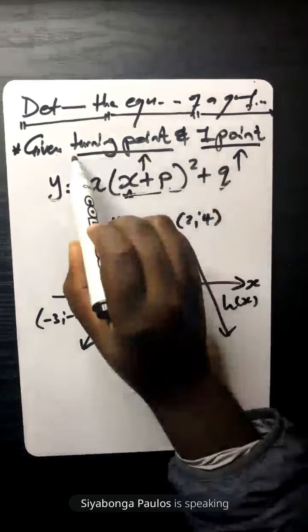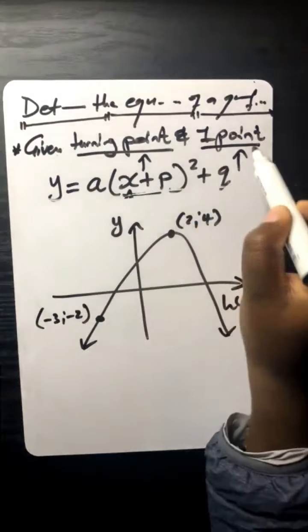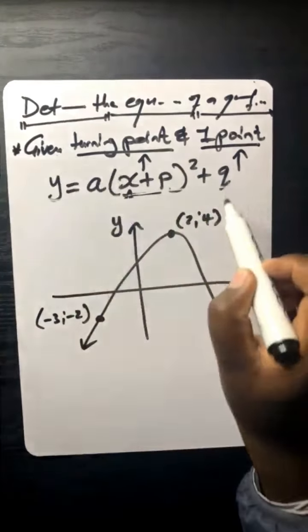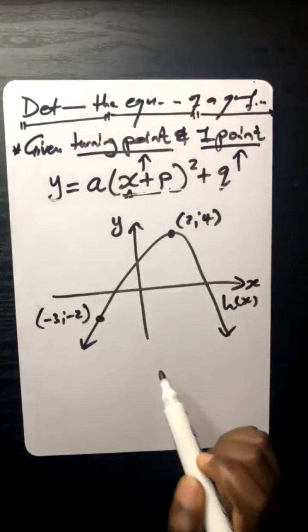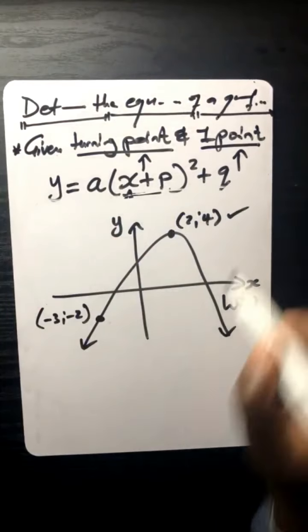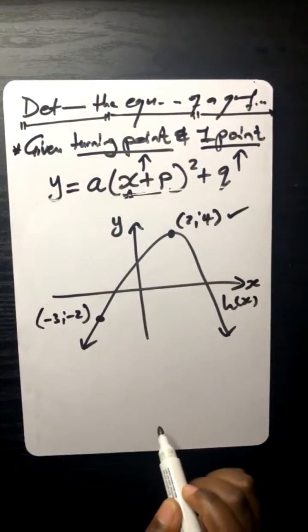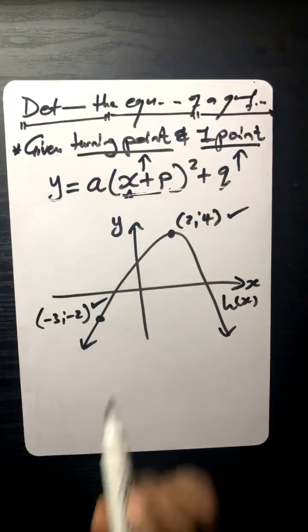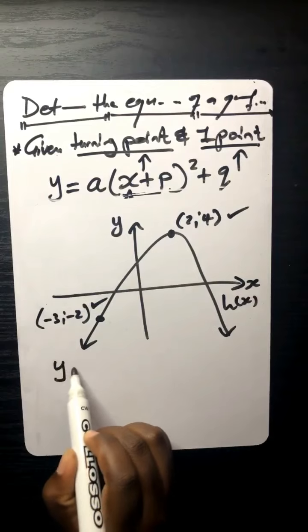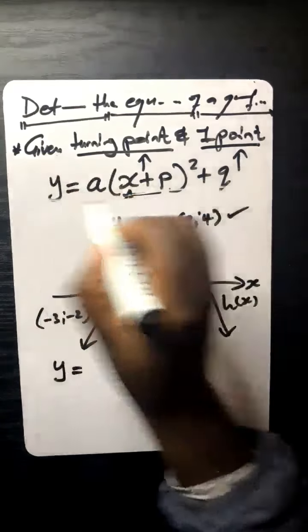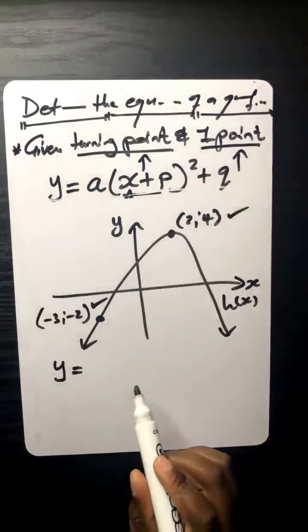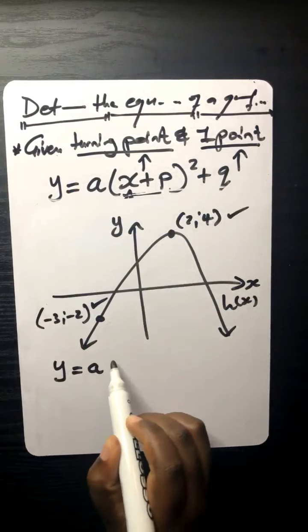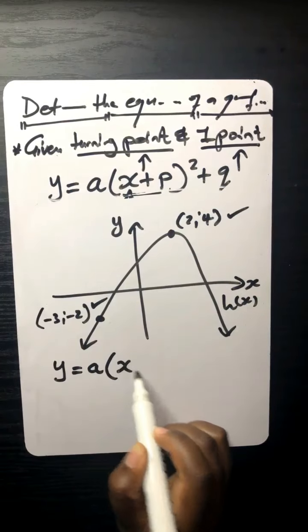They say if you are given the turning point and one point, you use this formula. So can you see you've got your turning point there and you have one point there. So let's now substitute from that formula that we know. We've got y is equal to a into x.